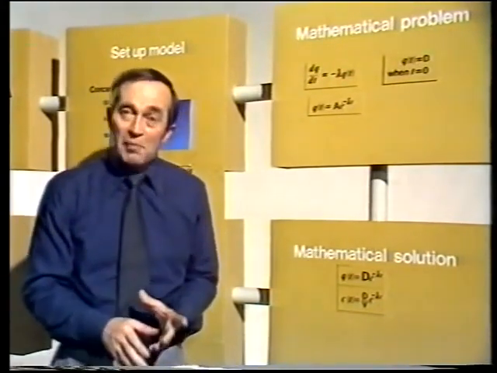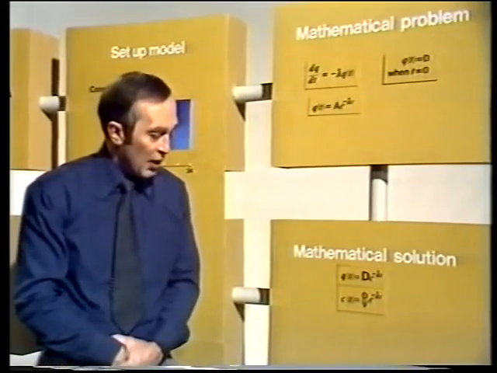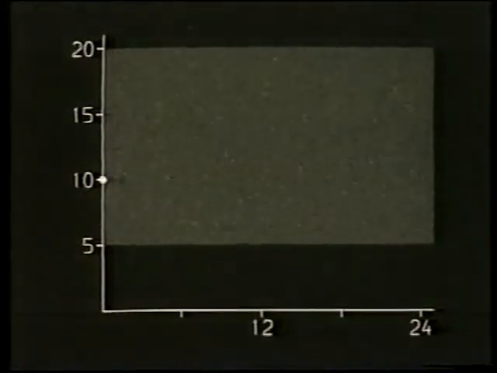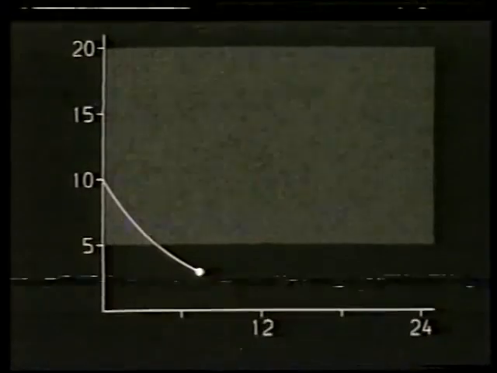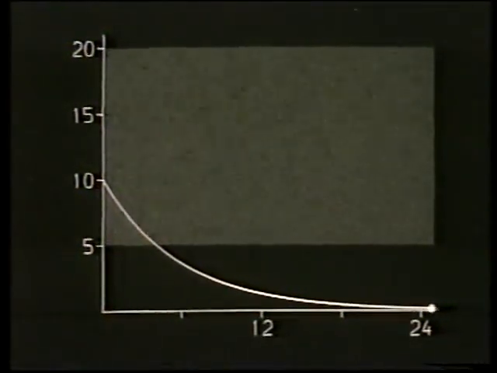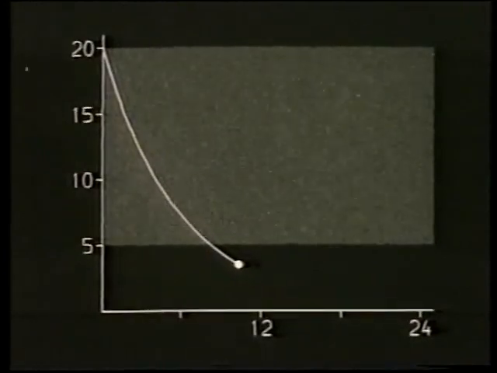Well, the first step in comparing it with reality will be to look graphically at the way in which C varies with T. If we start with a concentration of 10 milligrams per litre, then as time passes, the concentration falls like this. It's exponential decay. If the concentration starts at 20 milligrams per litre, though, then this is what happens.